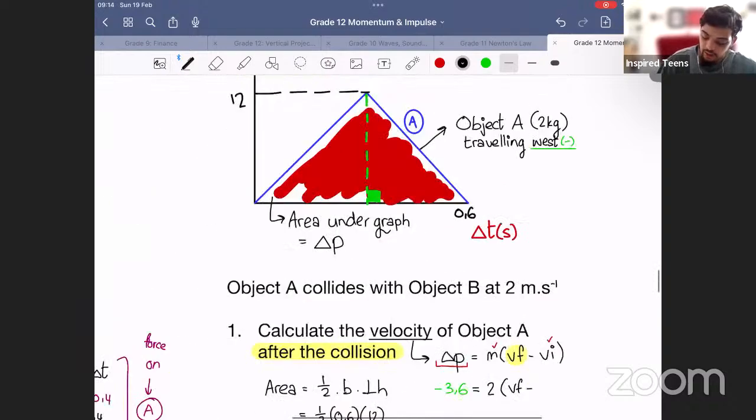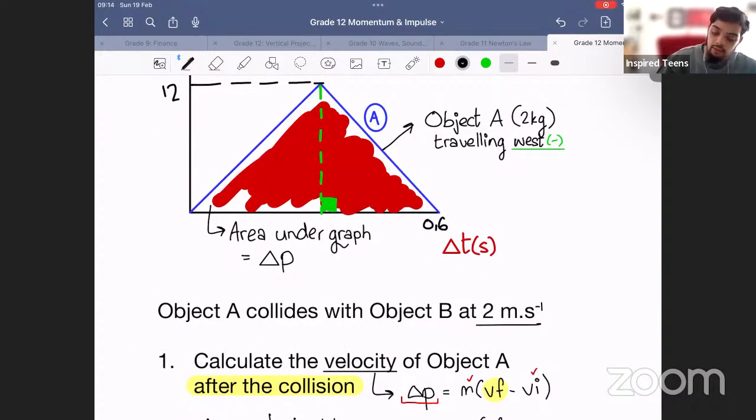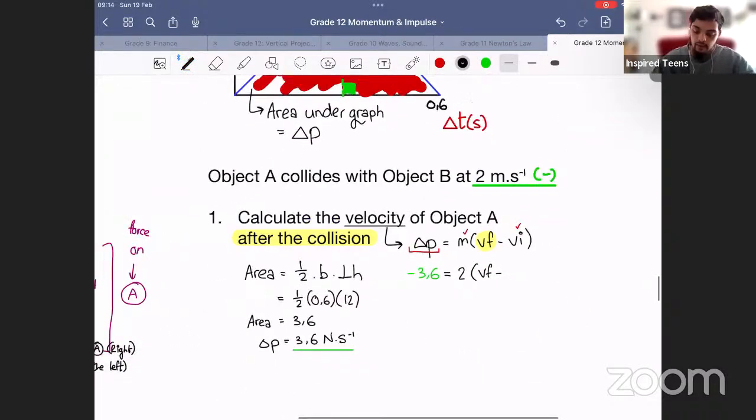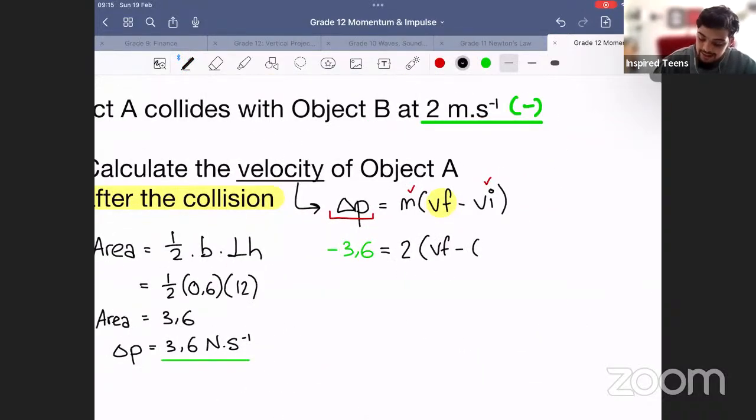V initial is 2 meters per second, but in which direction? In the westerly direction. So this is also negative, because east is positive. So you actually have to say -2.